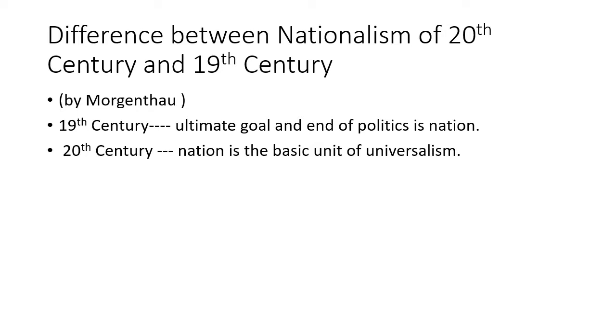Actually, the concept of national universalism emerged because of the difference that emerged in the concept of nation or the objectives of politics. As explained by Morgenthau, a well-known political scientist of the USA, he differentiated the nationalism of the 19th century and the nationalism of the 20th century. In the 19th century, the ultimate goal and end of politics is the nation.